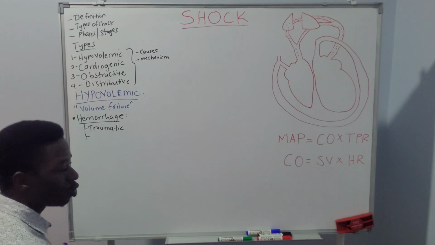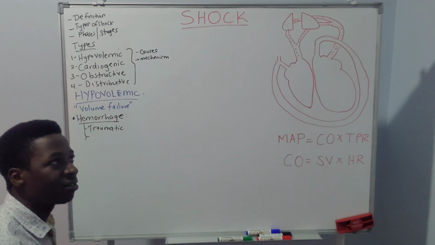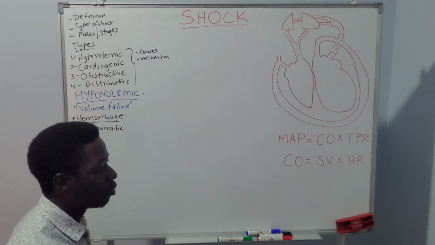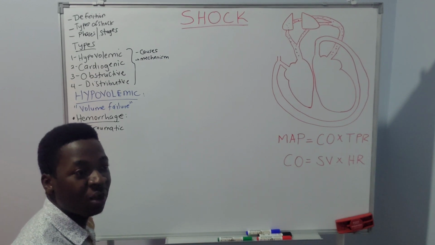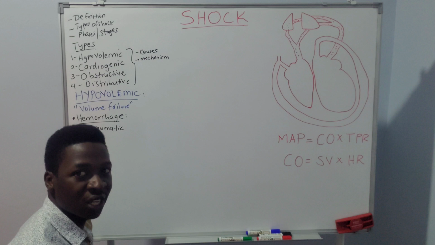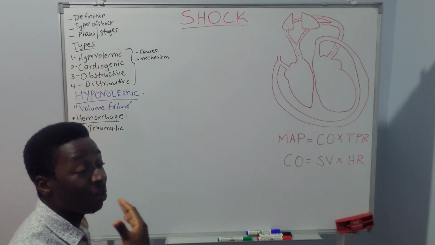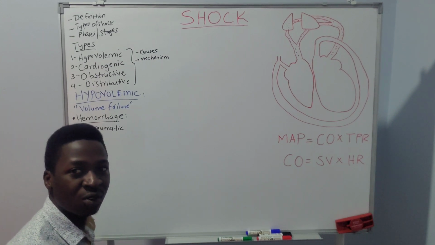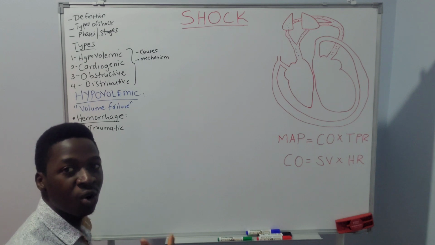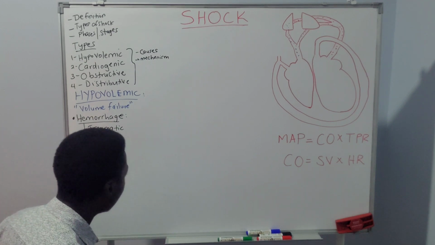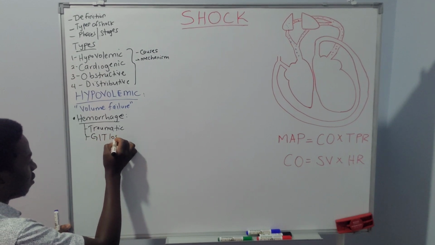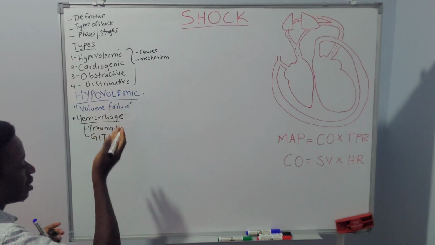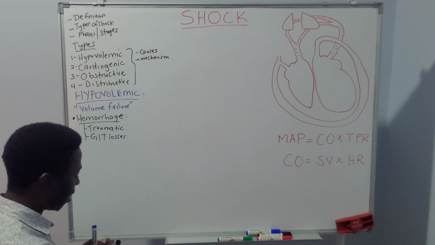2, there are patients who have very severe gastric ulcerations, or maybe any ulceration throughout the GIT, and they're experiencing bleeding, or bleeding following any tumors or any other pathology within the GIT. So GIT losses, you could have upper GI losses or even lower GI losses.